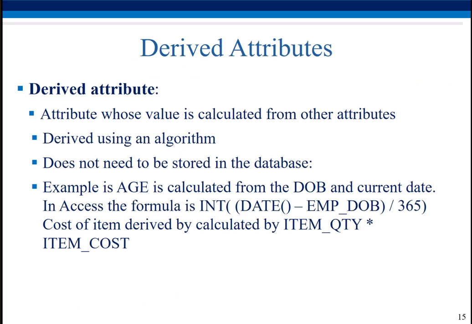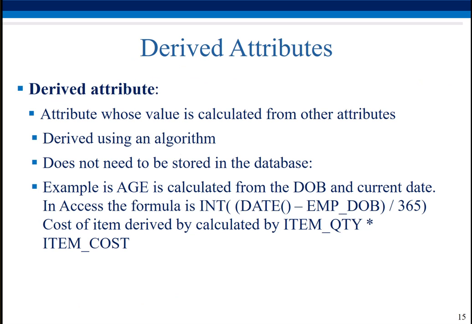A derived attribute is basically something that's calculated, such as age or an invoice cost. So you do not have to store it in a database. There are pros and cons for doing each one. I have a table that shows the pros and cons for each one. So let's go with age. It's derived from the date of birth and the current date.